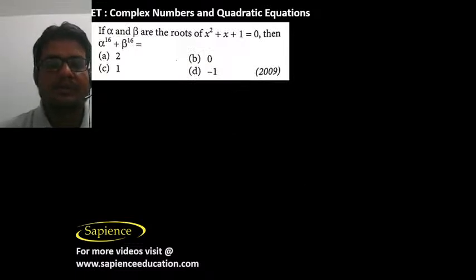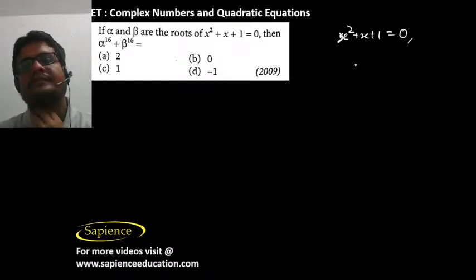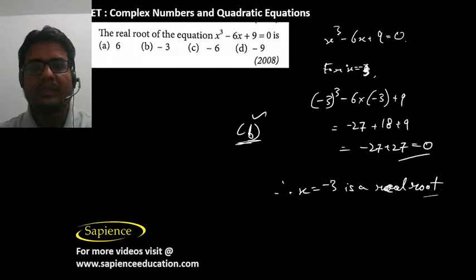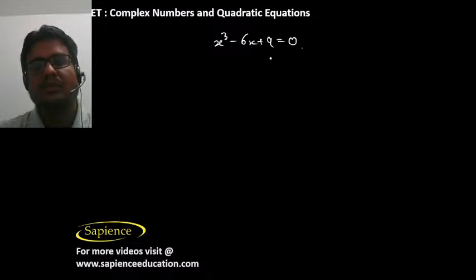Then here it is told if alpha and beta are the roots of this equation, then alpha power 16 plus beta power 16 is how much? So we know that x square plus x plus 1 equal to 0. Wait, in the previous question we had to find the root of x cube minus 6x plus 9 equal to 0.